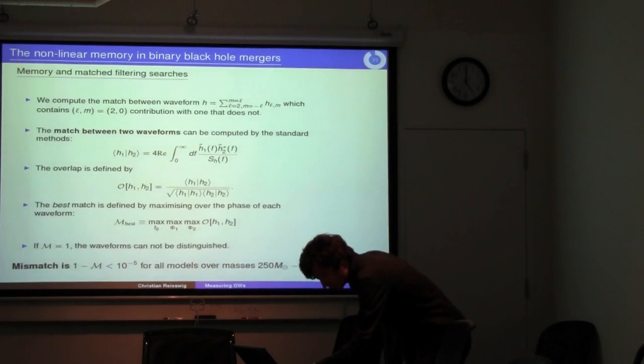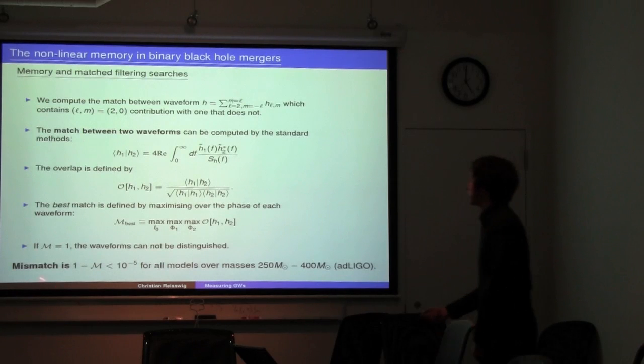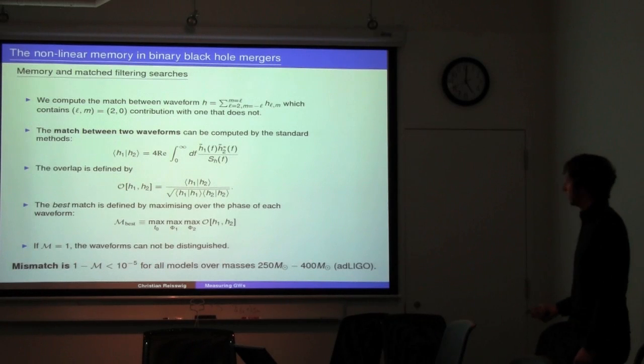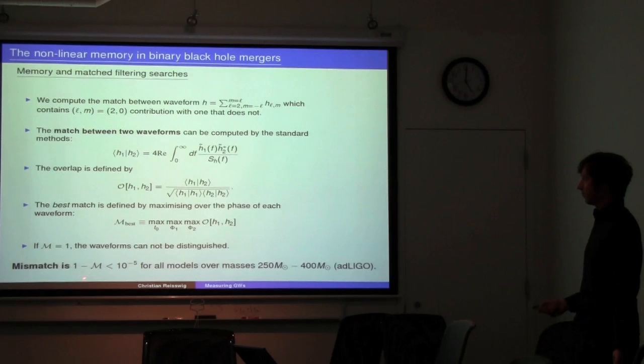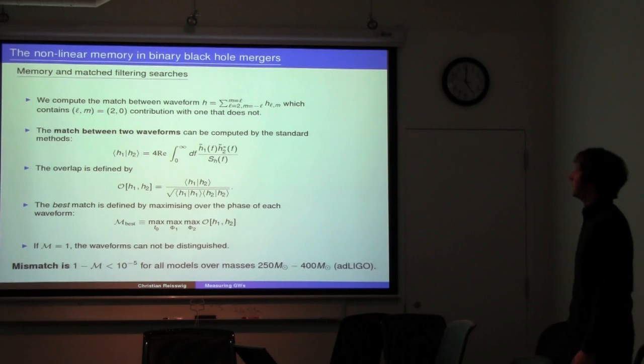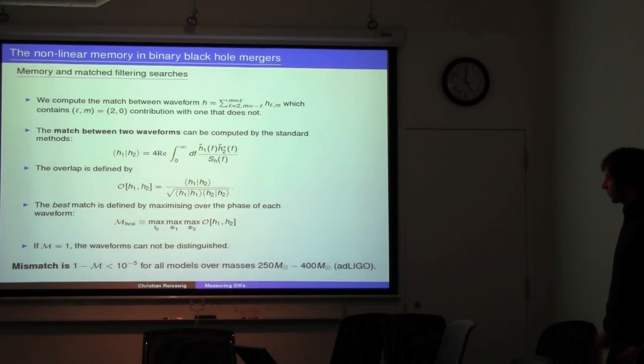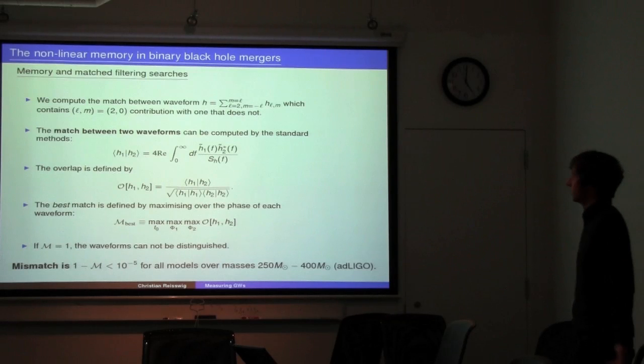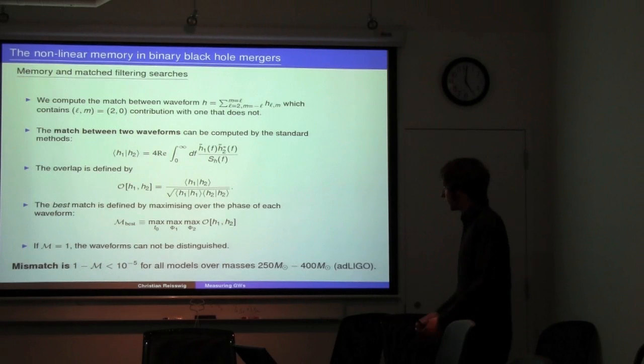And the answer is that the mismatch for the mass ranges that we have considered here for that model is always much smaller than 10 to the minus 5. So 10 to the minus 5 is really the maximum, and that means that essentially the memory doesn't have any influence on template bank constructions.